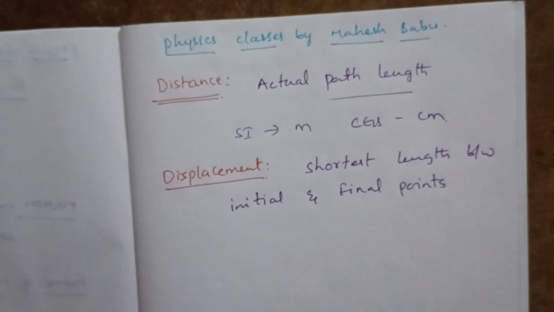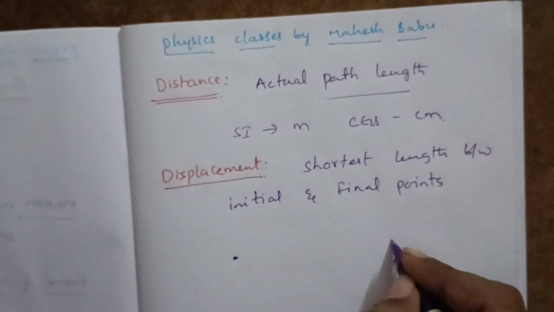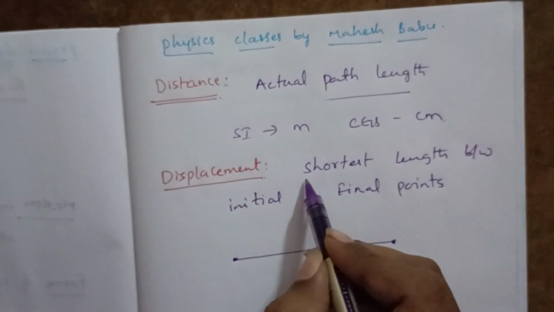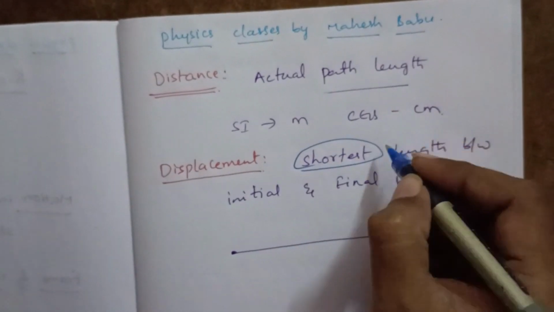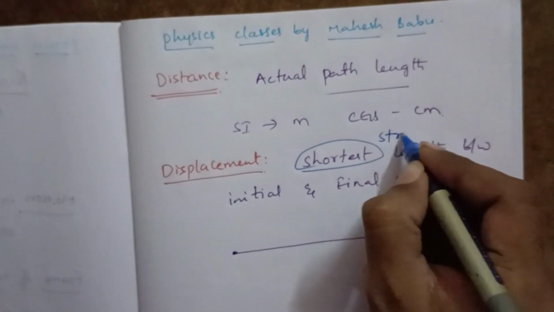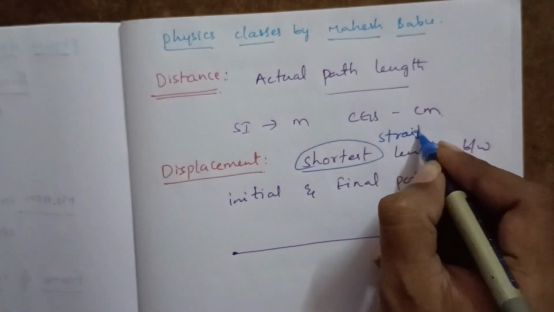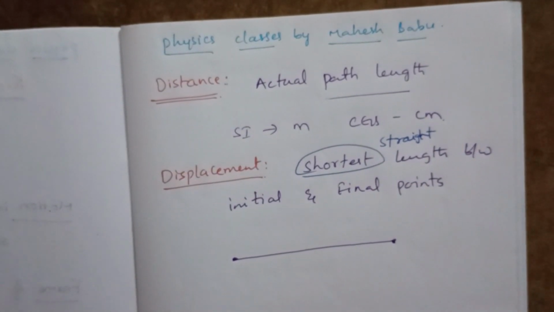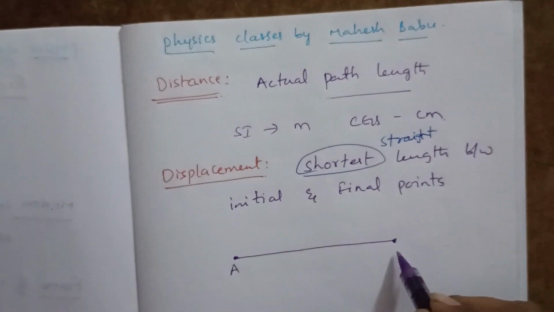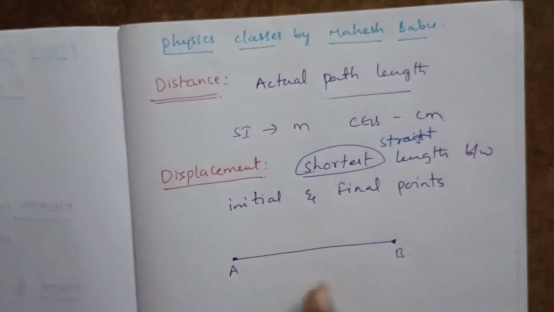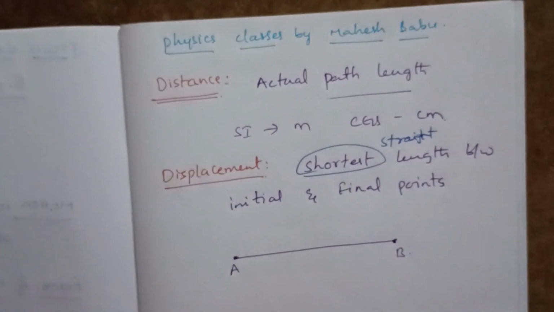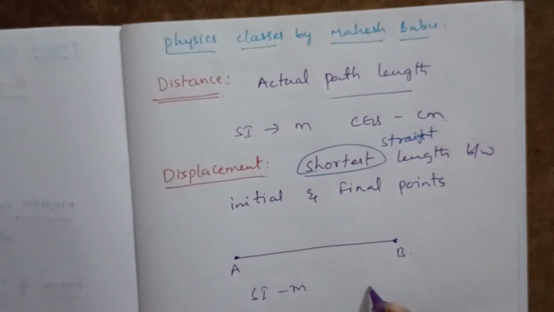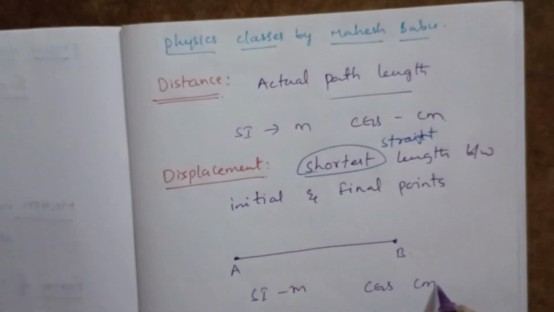Whatever path it traveled from here to here, the shortest straight length between the initial and final point is known as displacement. Displacement SI unit is meter, CGS unit is centimeter.